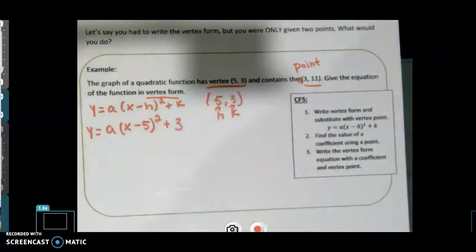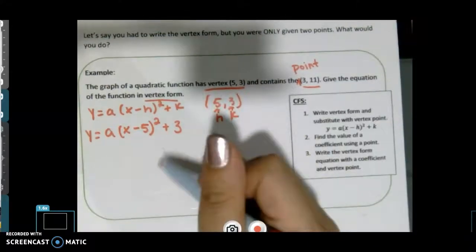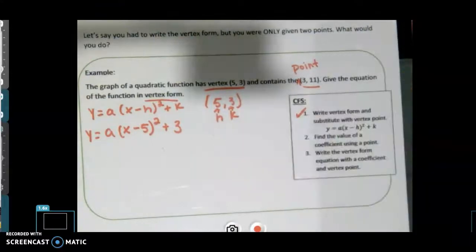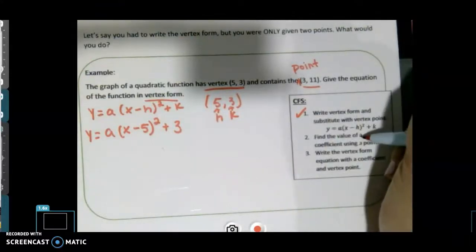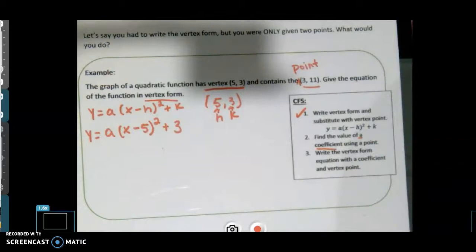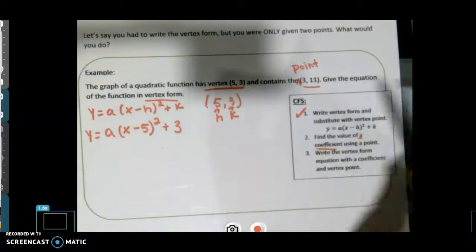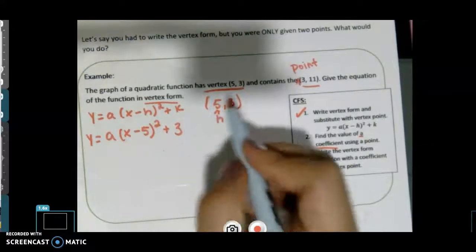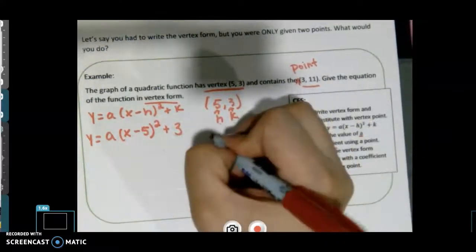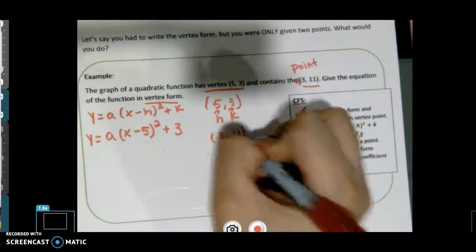Okay, so now I have those points, but I have to solve for a though. So I've done my first step. Now I need to find the value of the a coefficient using a point. So that's what brings us to using this point. So this is step 2. So now let's substitute (3, 11).